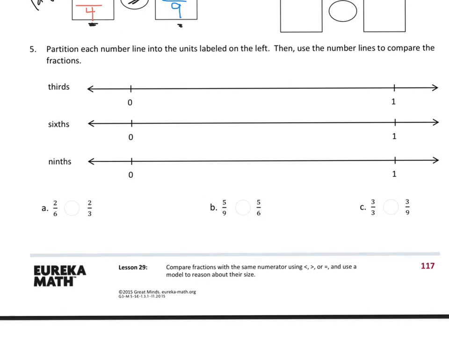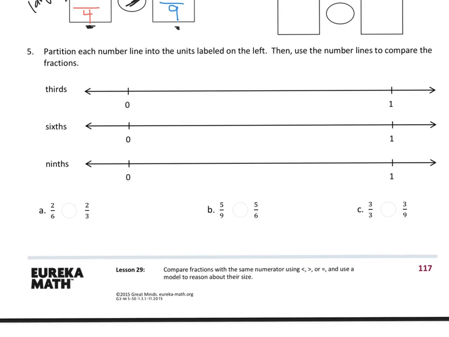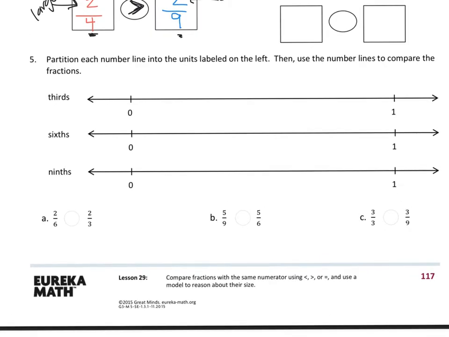Now when we come down to 5, we have to partition the number lines first to thirds, sixths, and ninths. I'm not going to label these number lines because it's going to get a little bit messy, but I'll start with thirds and then I'll just have sixths and ninths done. So you can take a look at the full group of 3 number lines.